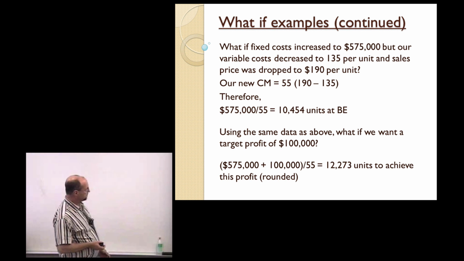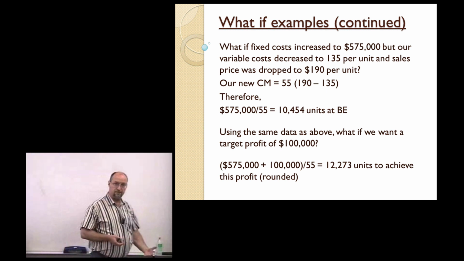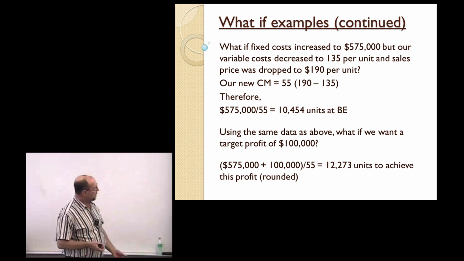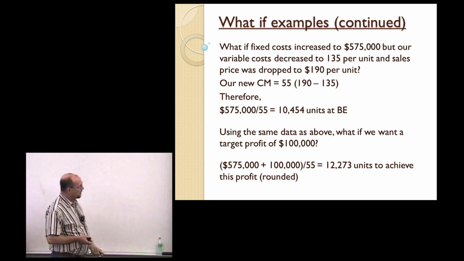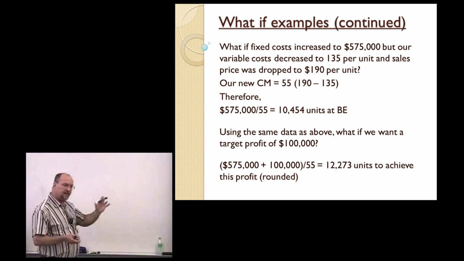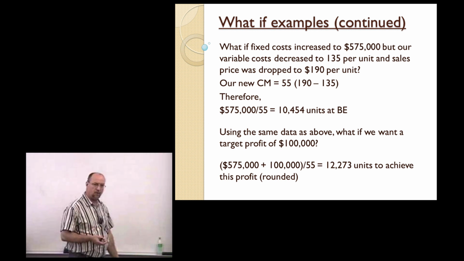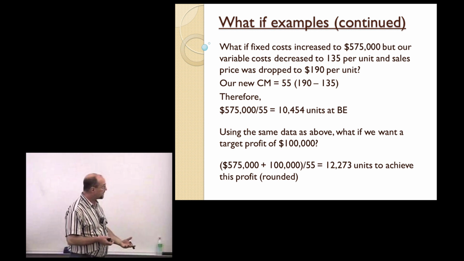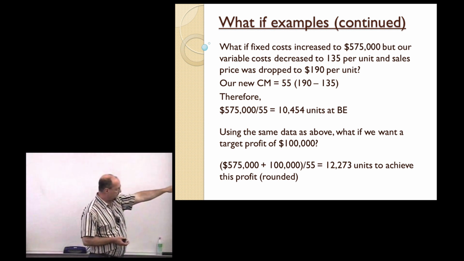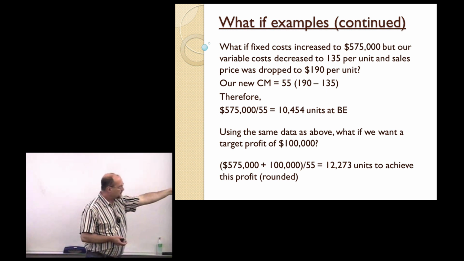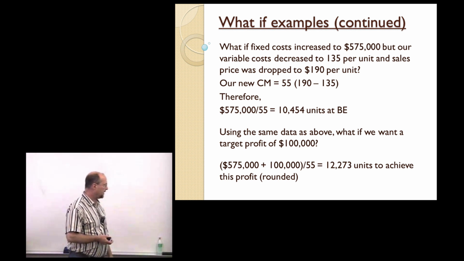But as a result, we use less direct labor, and now variable costs went from 150 down to 135, and we dropped the sales price to 190 per unit. All three elements change. Well, just put all three elements in the formula. Okay? Our contribution margin is 190 minus 135. Now fixed cost, 575 divided by the new contribution margin, 10,454 units of break even.